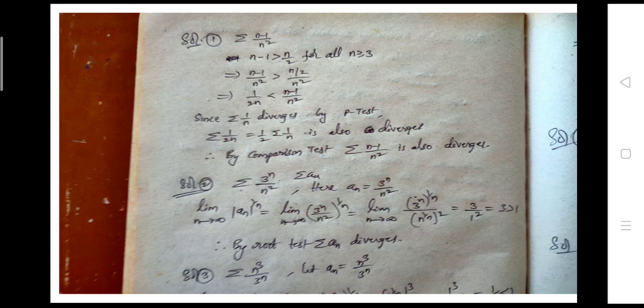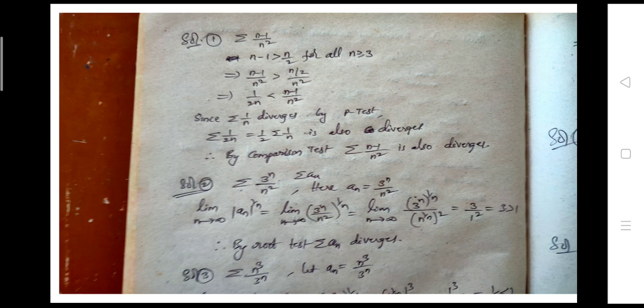And solution 2, sigma 3 power n by n square. Here a_n is equal to 3 power n by n square, and limit n tends to infinity modulus of a_n whole power 1 by n is equal to limit n tends to infinity (3 power n by n square) whole power 1 by n, which is equal to limit of (3 power n) whole power 1 by n divided by (n power 1 by n) whole square.